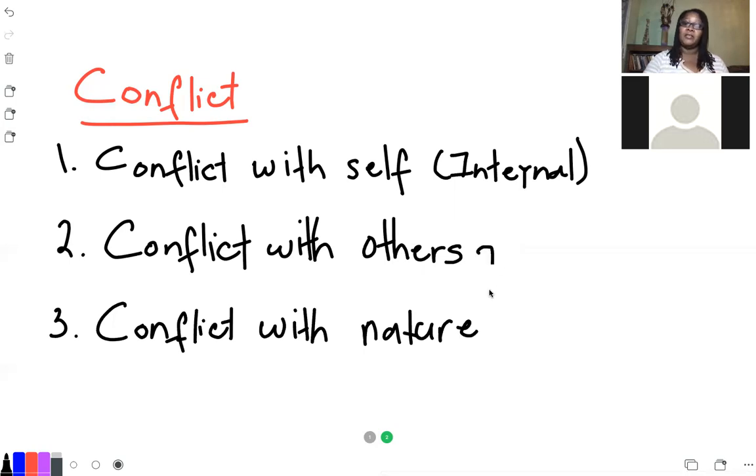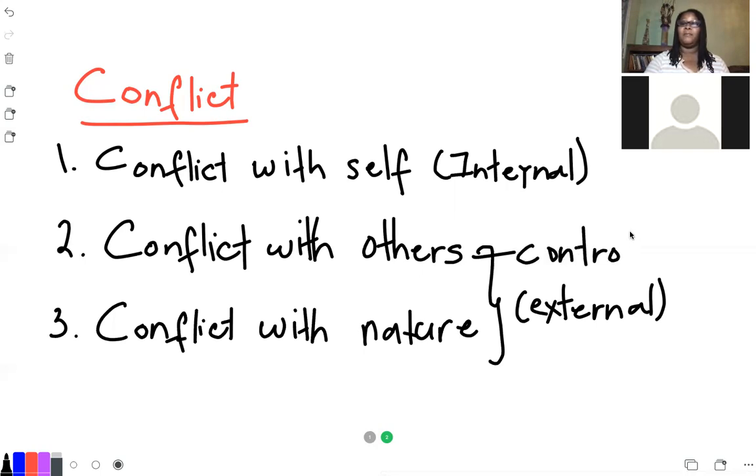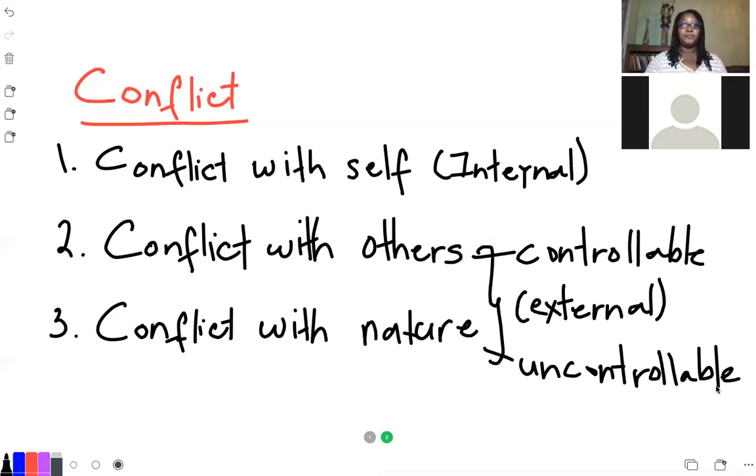Conflict with others and conflict with nature are external conflicts. And the thing with these external conflicts is, one of them is controllable, and the other is uncontrollable. And I'm going to give a little example of this.